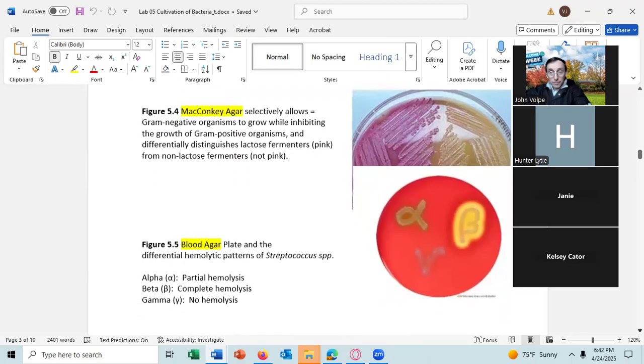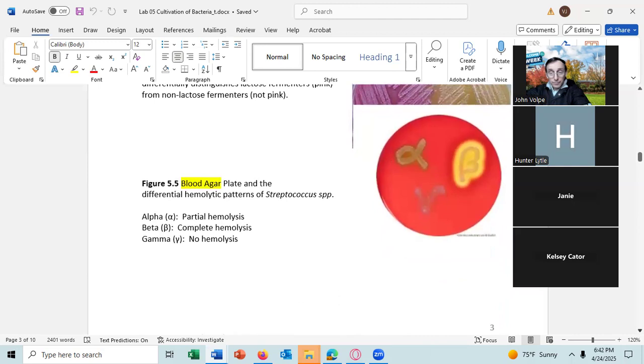It is both differential, allowing you to differentiate between different forms of hemolysis, and it is an enriched general purpose media, allowing you to grow fastidious organisms like Streptococcus pyogenes, which will not grow in a general purpose media.